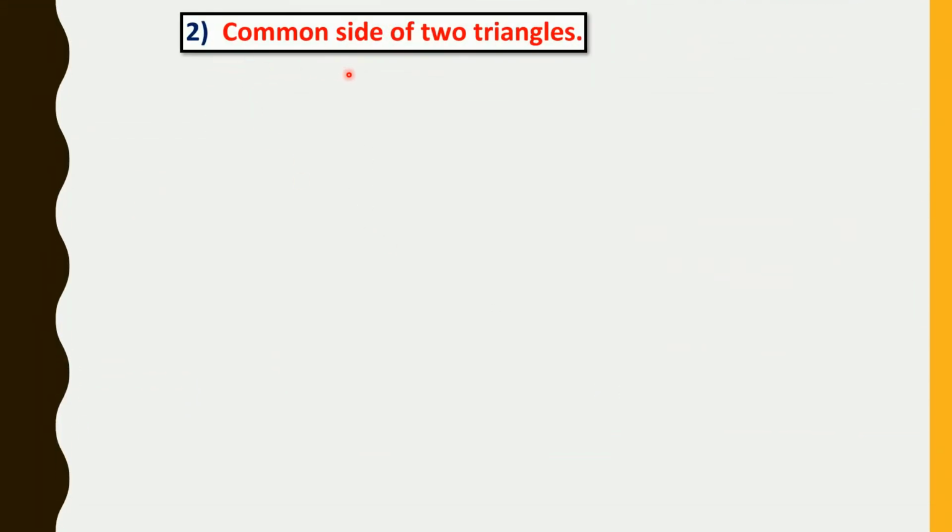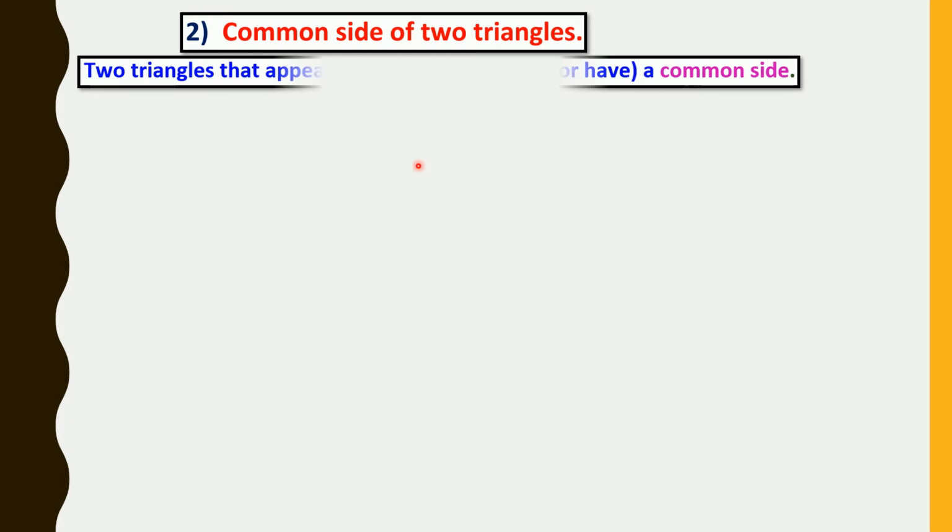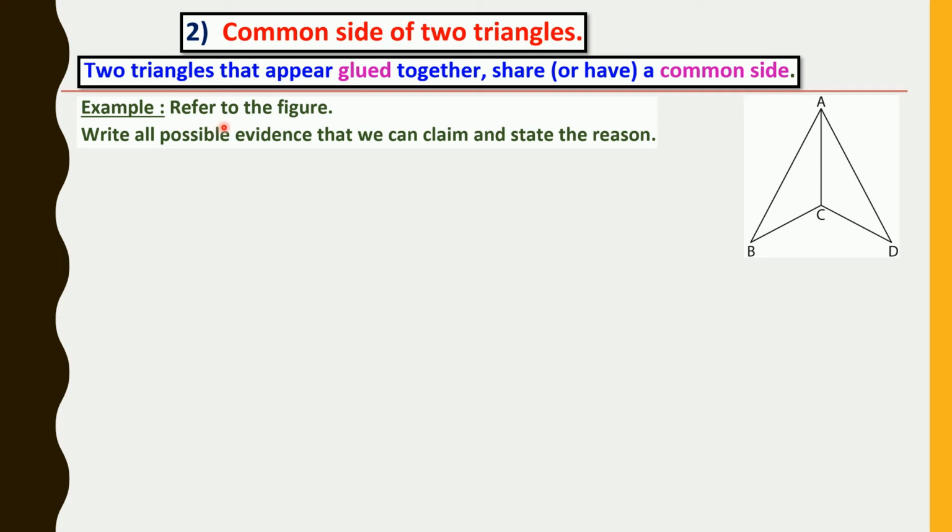Part 2, common side of two triangles. Two triangles that appear glued together share or have a common side. Example, refer to the figure. Write all possible evidence that we can claim and state the reason.